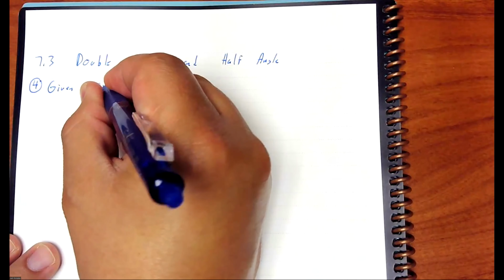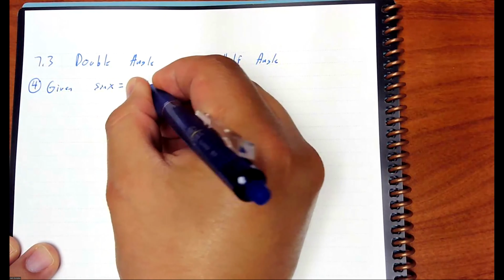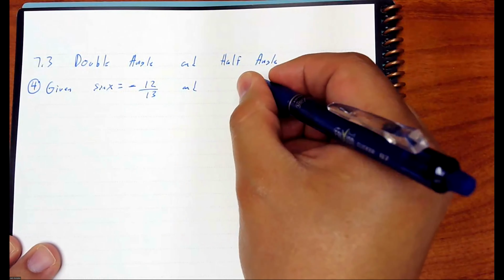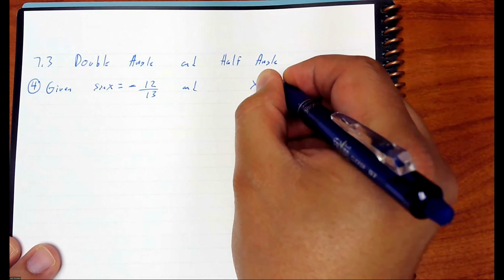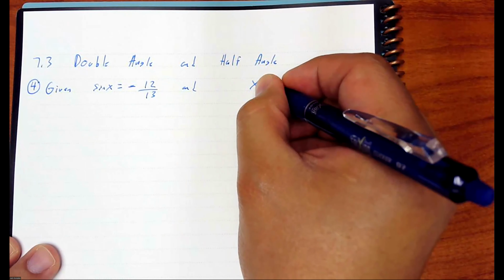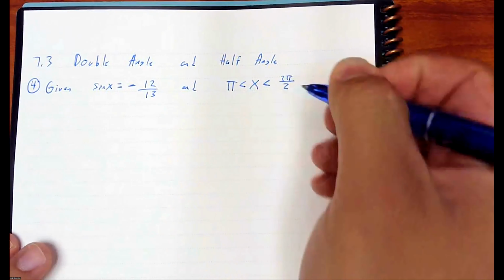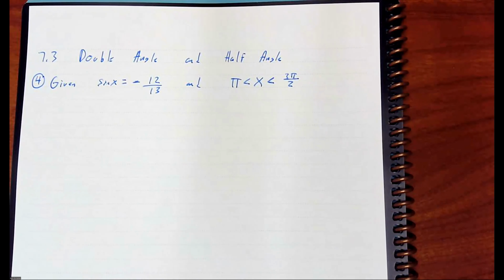So given that sine x is equal to negative 12/13, and our x is between pi to 3 pi over 2.